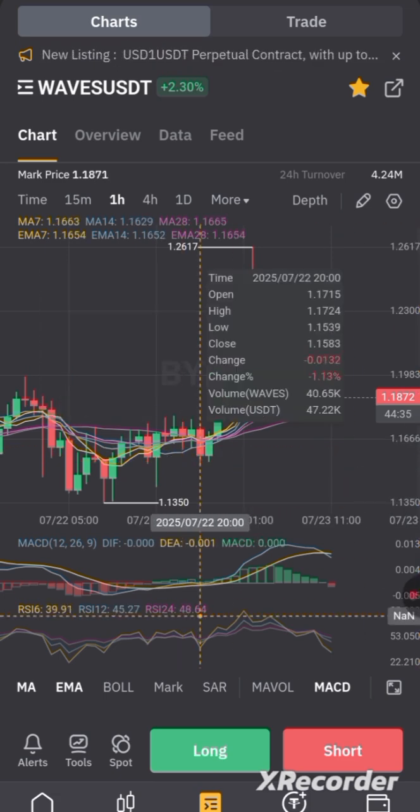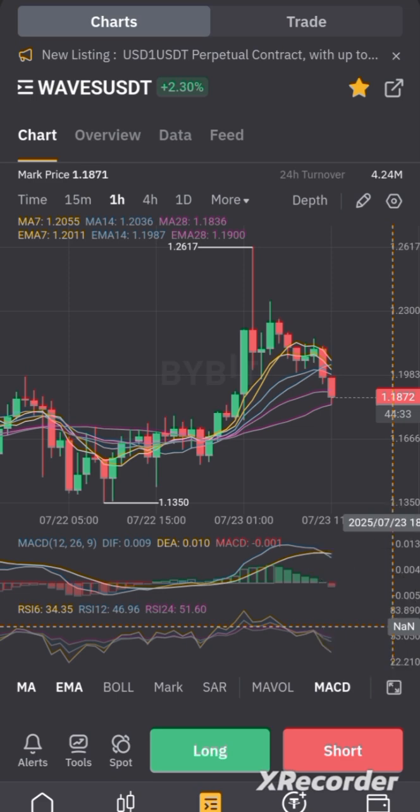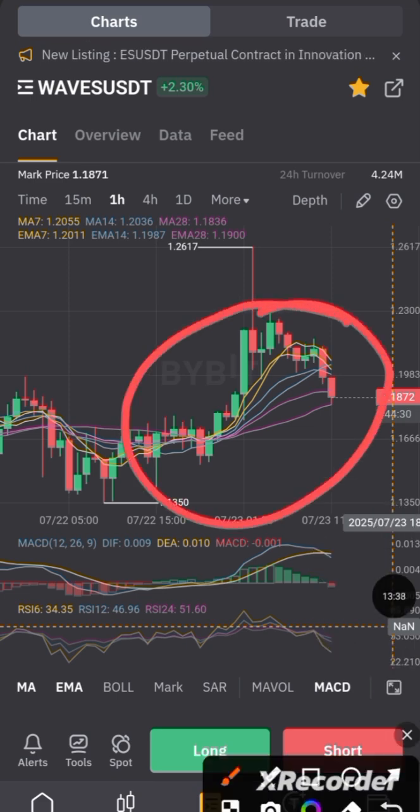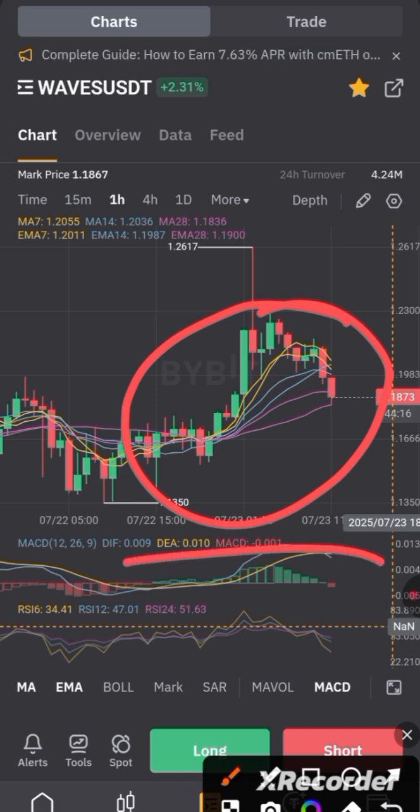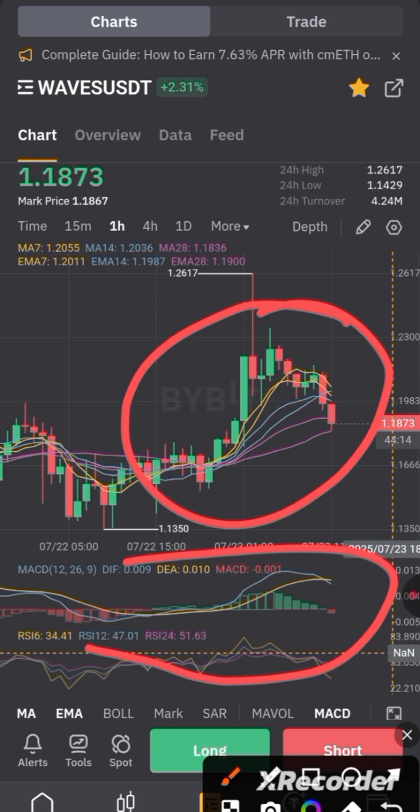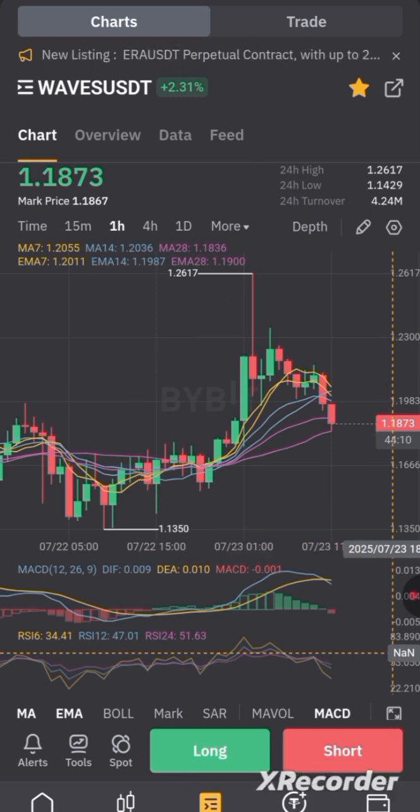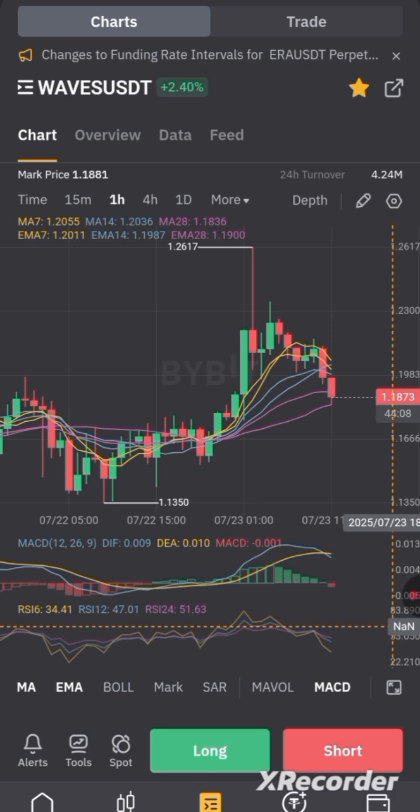This EMA is also showing at the chart box, like the moving average. MACD and RSI are showing at the bottom chart. I hope you are understanding very well now.